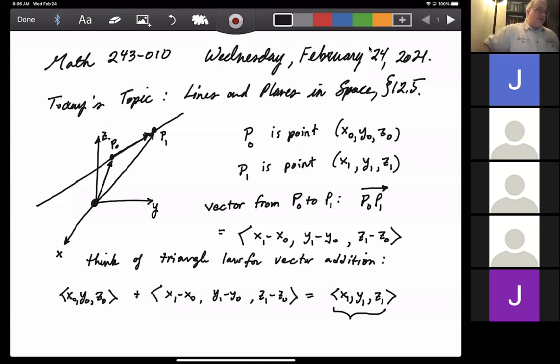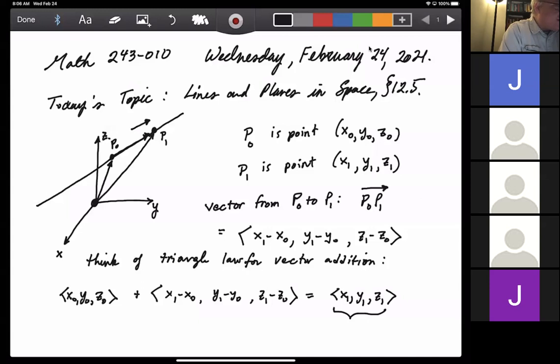And remember that for our purposes, we're not going to distinguish between vectors that have different initial starting points. So there's lots of vectors parallel to this vector from P0 to P1.